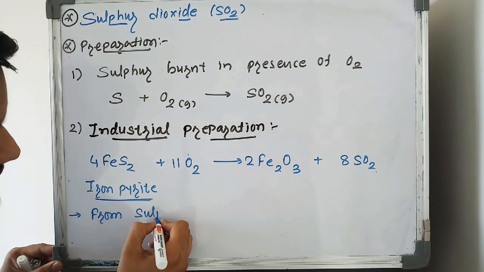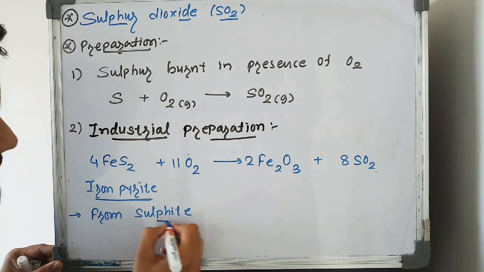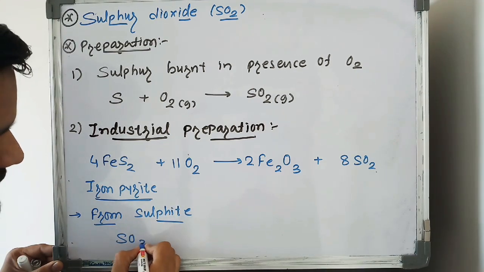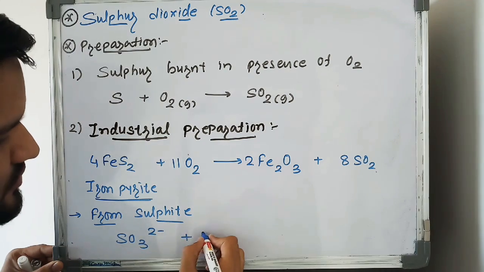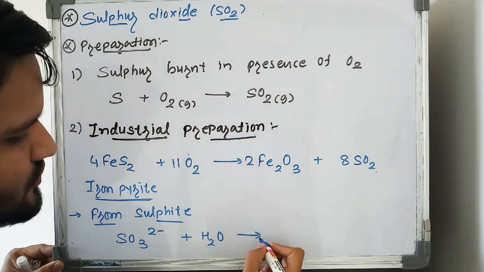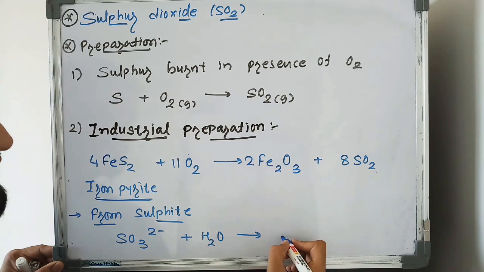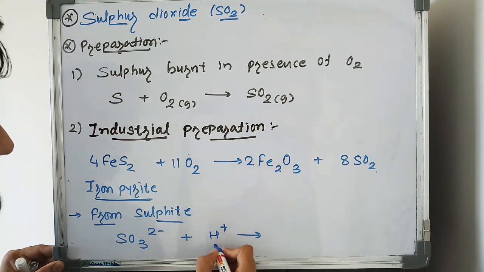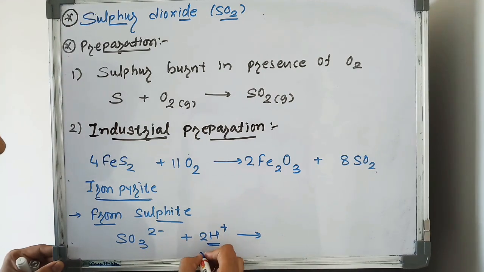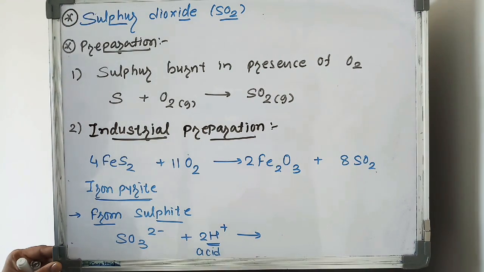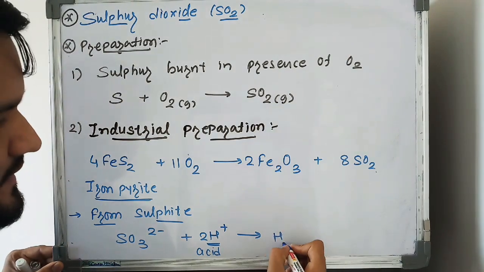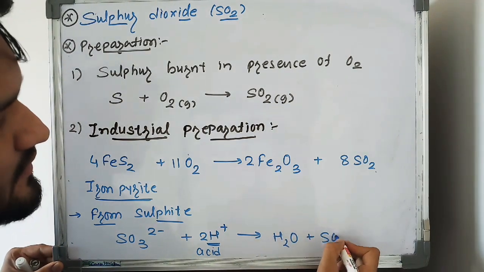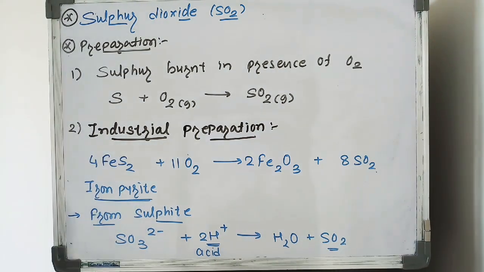Sulfite SO3 2 minus on its reaction with H plus ion, H plus meaning in the presence of acid, gives H2O, and sulfur dioxide is released during the reaction. So this is also one more preparation of sulfur dioxide.